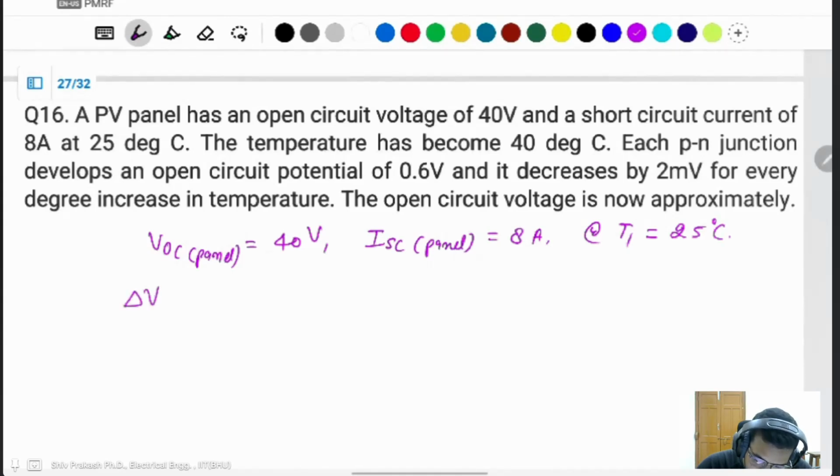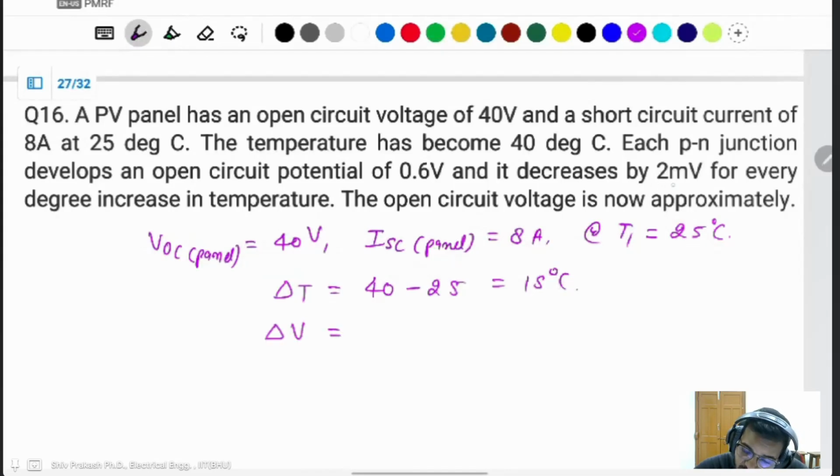What is the delta V? Sorry, first complete delta T. Delta T is now 40 degrees centigrade minus 25, equal to 15 degrees centigrade. And what is the delta V?